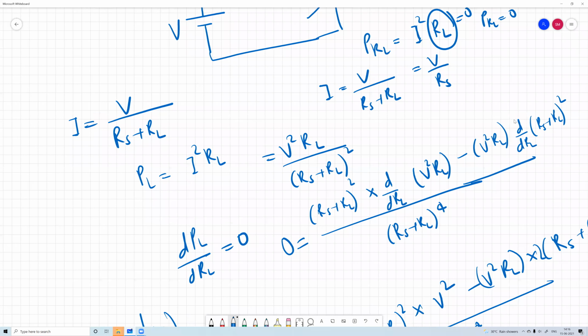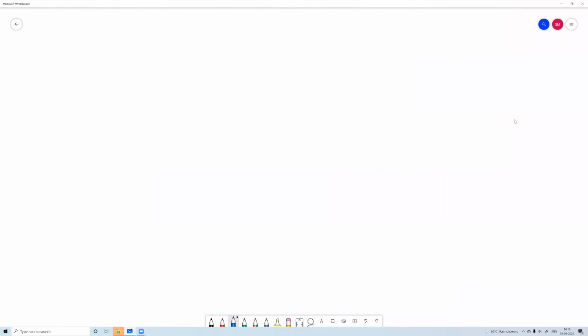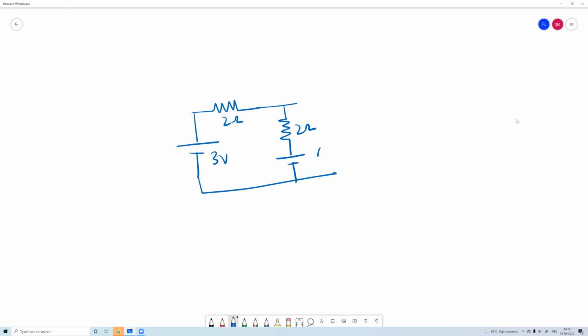So now, if I give you a circuit something like this, you will tell me. I will help you, but you will tell me. If I give you a circuit something like this: 3 volt, 2 ohms, 6 volt, RL.